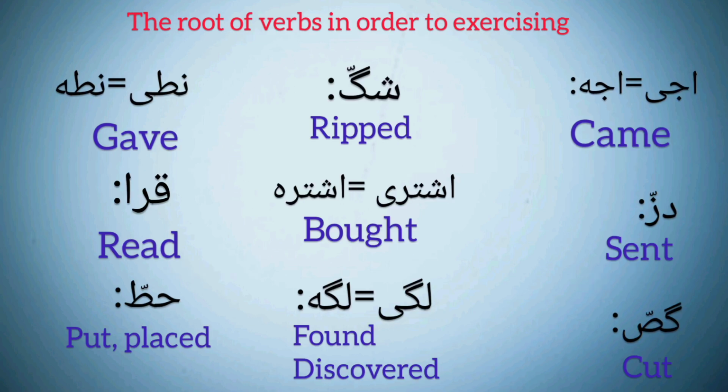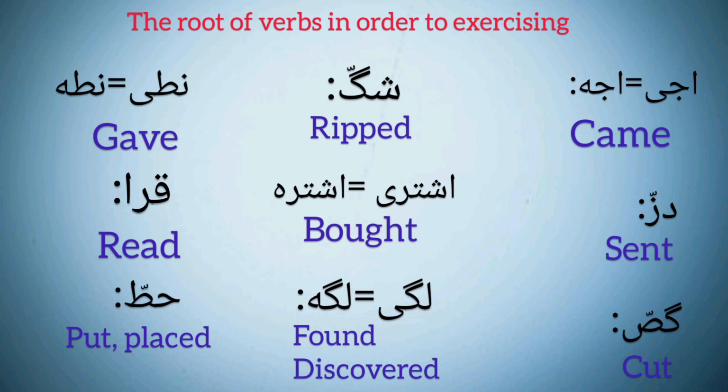Alright guys, these are some roots of the past tense verbs, in order to master conjugating. These are the roots whose last two letters are the same, that have a tashdid, and the roots whose last letter is alif. Let's get into them. The first one is ije. Ije basically means came.